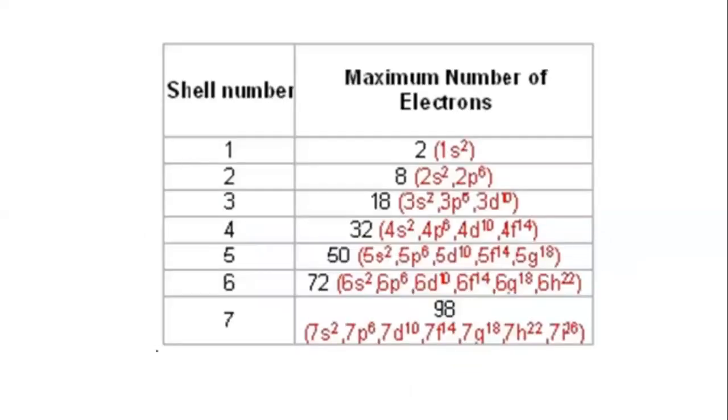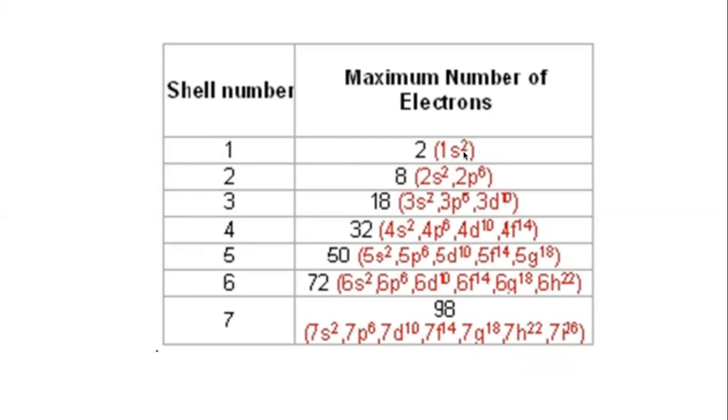So now we'll look at how we are going to express this as far as the number of electrons that each shell can hold. So for the first shell, remember, we can hold 2 electrons. We have 1, which is the shell. We have our S subshell, and we can put 2 electrons into our S subshell.